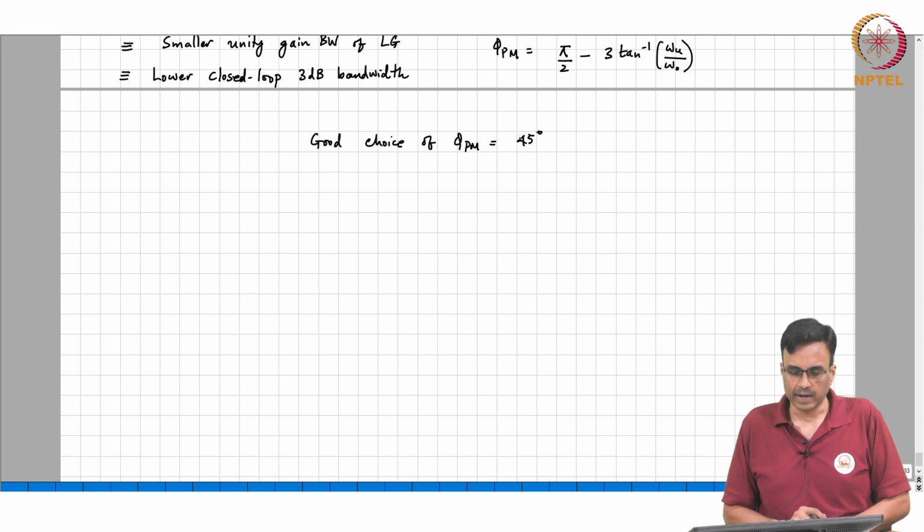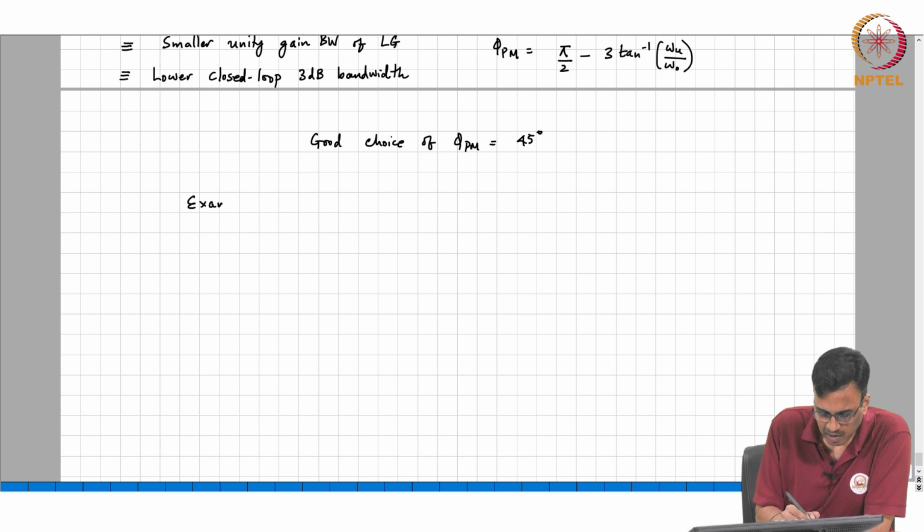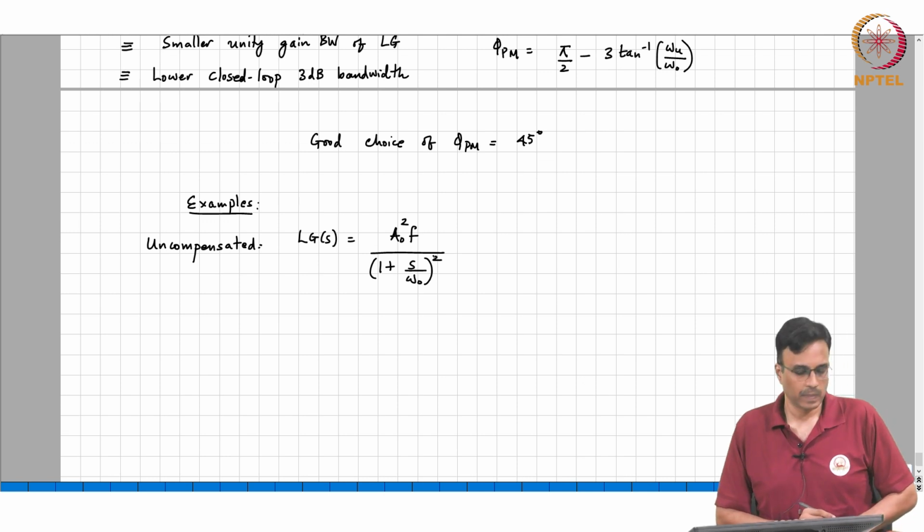All right. So, now let us put all the stuff that we have learnt in some examples. Remember, when we had a second order system, the loop gain function was A naught square f by 1 plus s by omega naught the whole square, correct.